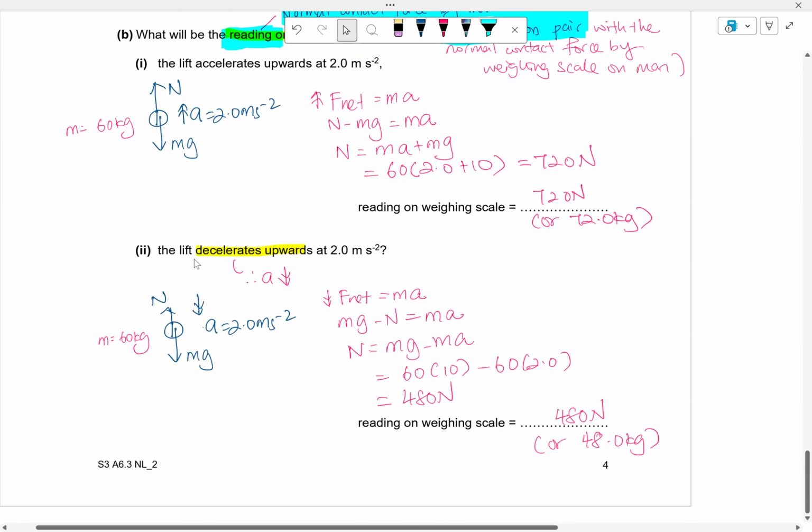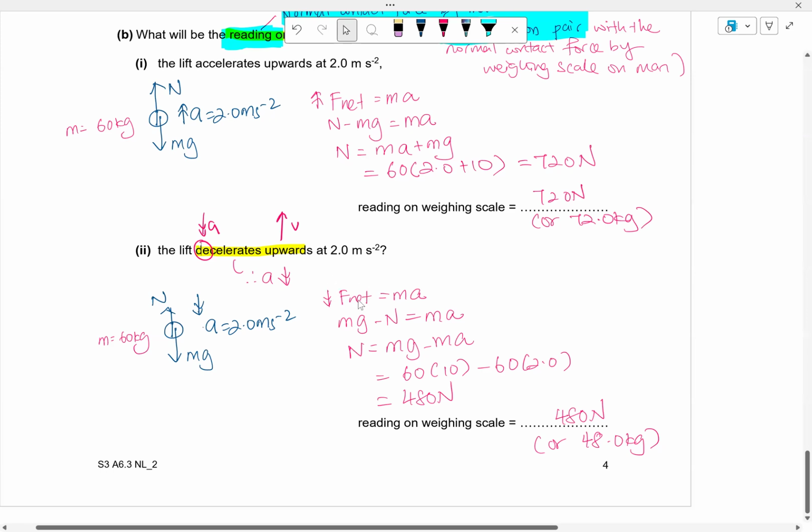Next, the lift decelerates upwards. So what it means is while the lift is going upwards, that's the velocity, the lift is decelerating, right? So slowing down. That means acceleration is in the opposite direction to the velocity, right? So acceleration is down, which also means that the weight must then be a larger force than the normal contact force, so that net force is downwards.